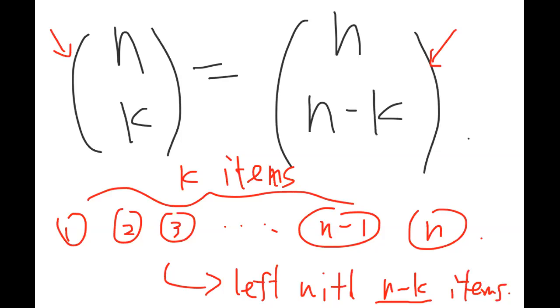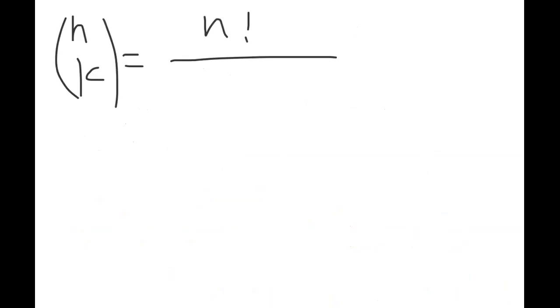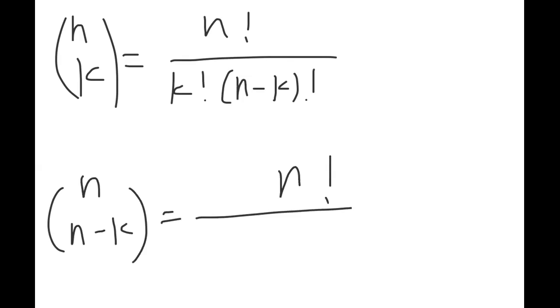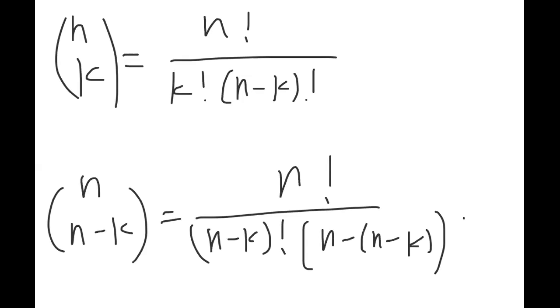right? Algebraically, if you use factorials, what is n choose k? It is n factorial divided by k factorial times n minus k factorial. Okay. And what is n choose n minus k? It is n factorial divided by n minus k factorial times n minus (n minus k) factorial, which is k factorial.